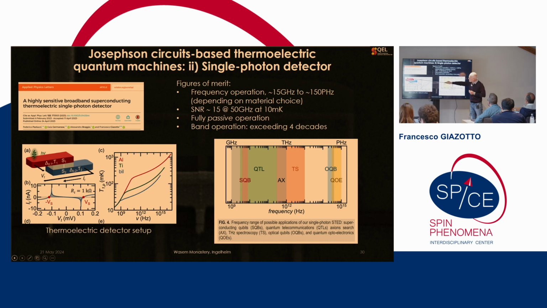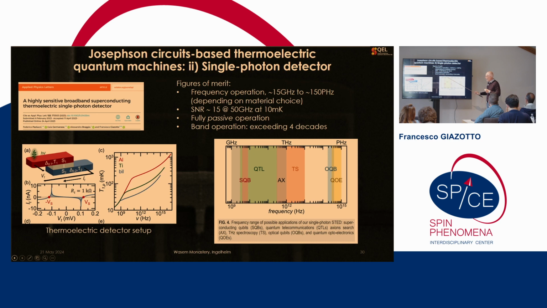So if you think to realize a system like this, with this mechanism here, in principle, depending on the material, you could work from 15 gigahertz up to 150 petahertz, okay? For instance, with titanium or something based on a titanium alloy, you could obtain a signal-to-noise ratio for single photon detection of the order of 50 at 50 gigahertz, so in the interesting very low frequency range, typical for axion search, for instance, in dark matter, like WISPs.